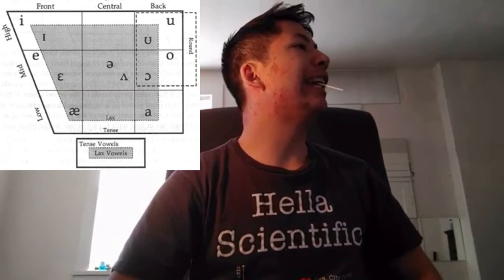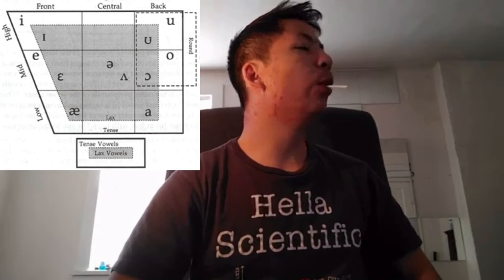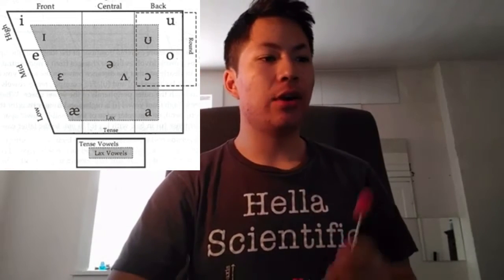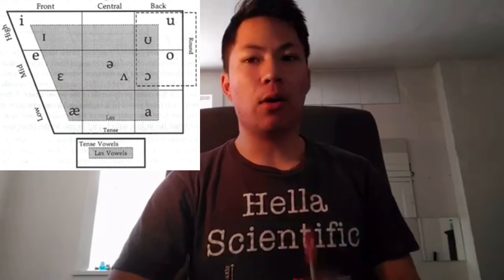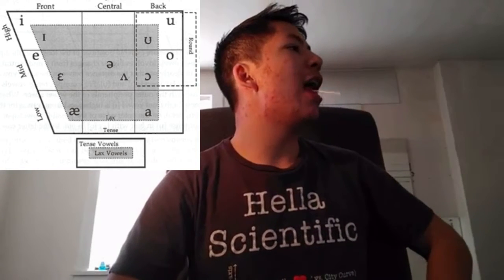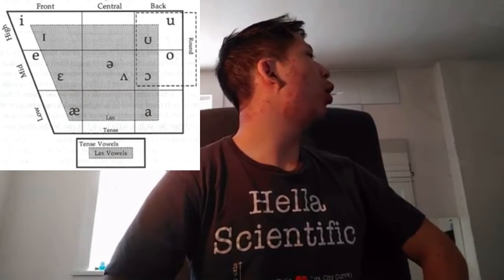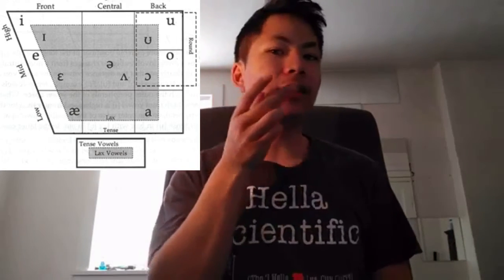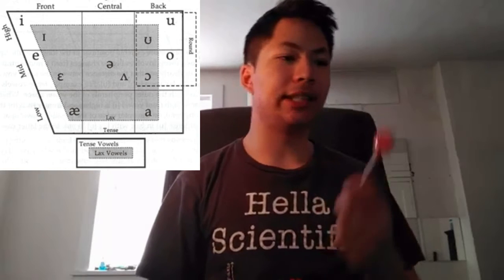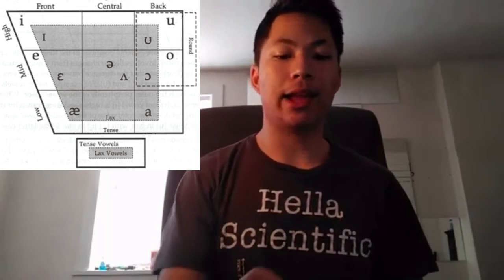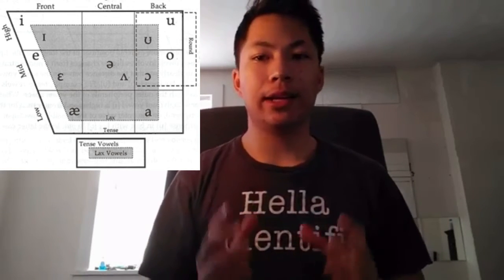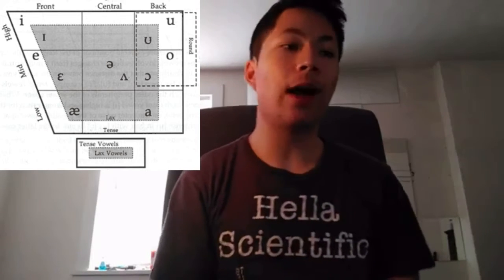E, U, E, U. Same thing can be done with E, O. E, O, E, O. As you can see, the lollipop stick is moving back and forth. And that's a very important part of how you form vowels.